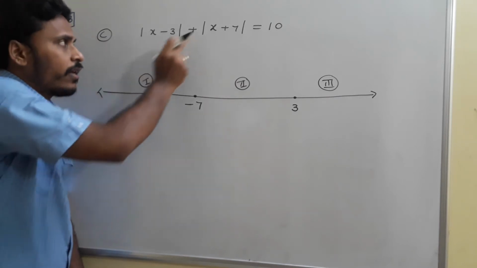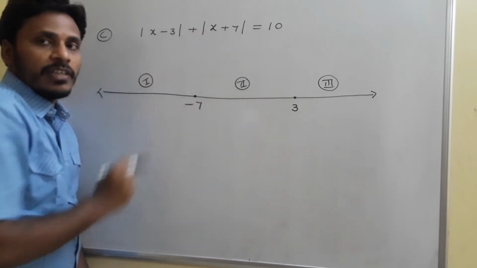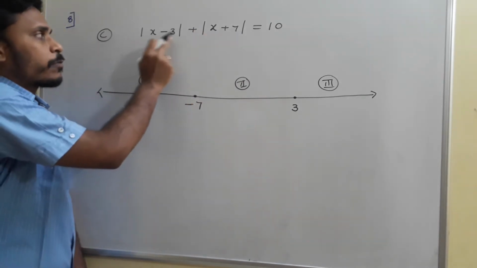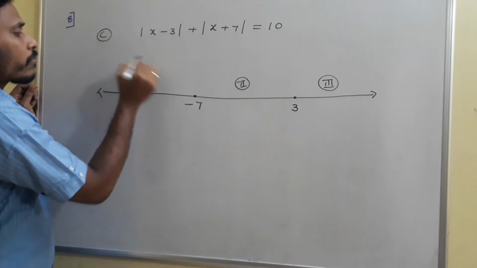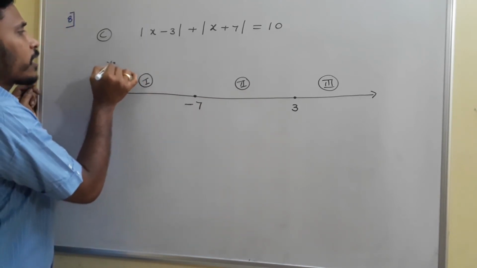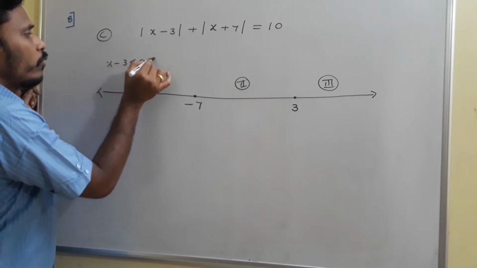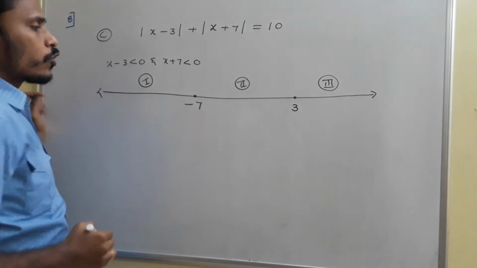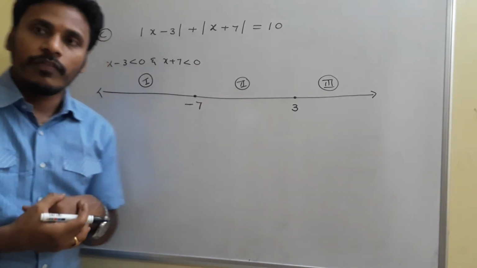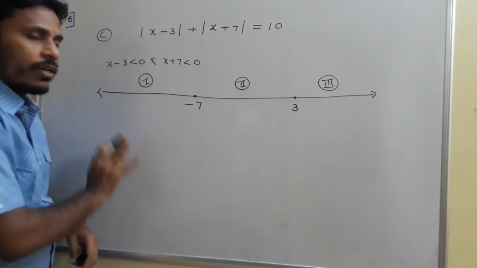Take minus 10 in x plus 7, it is negative. Take minus 10 in x minus 3, that is also negative. So in this region, it is very clear that x minus 3 is negative and x plus 7 is also negative.